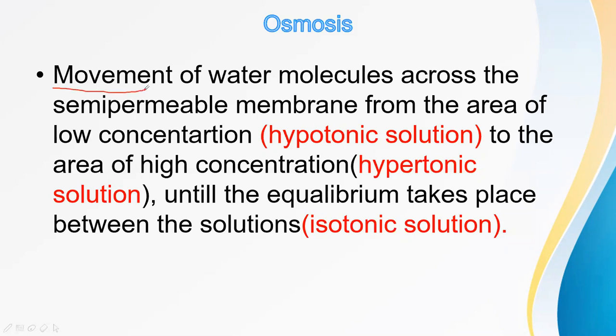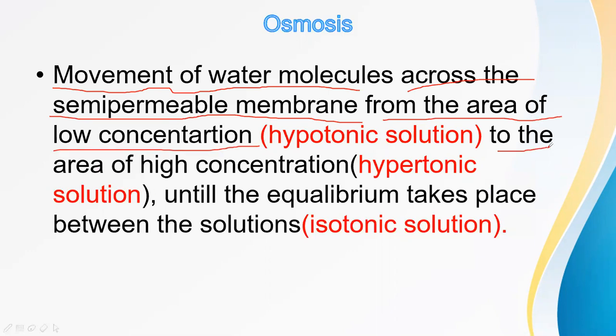This osmosis explains the movement of water molecules across the semi-permeable membrane from the area of low concentration to the area of high concentration. This osmosis occurs until equilibrium takes place between the solutions.